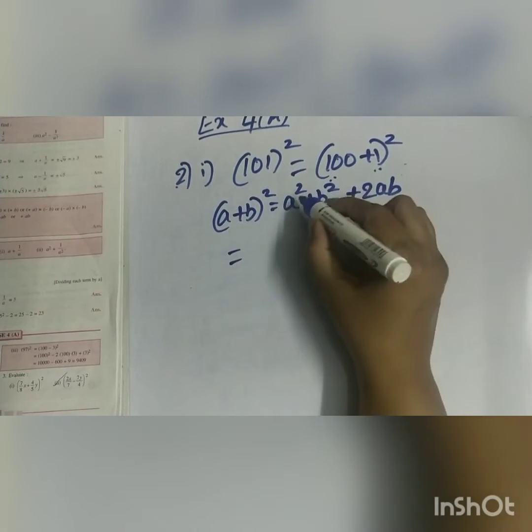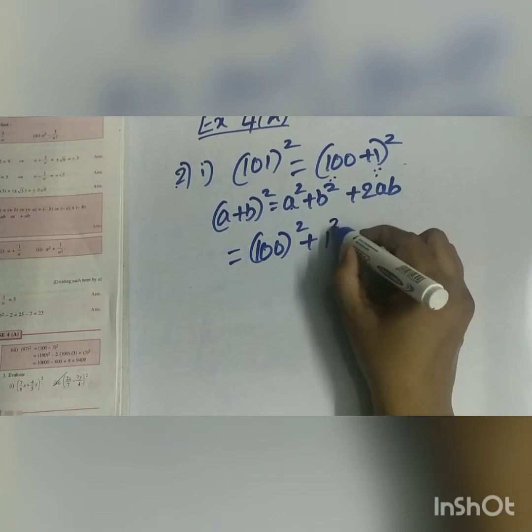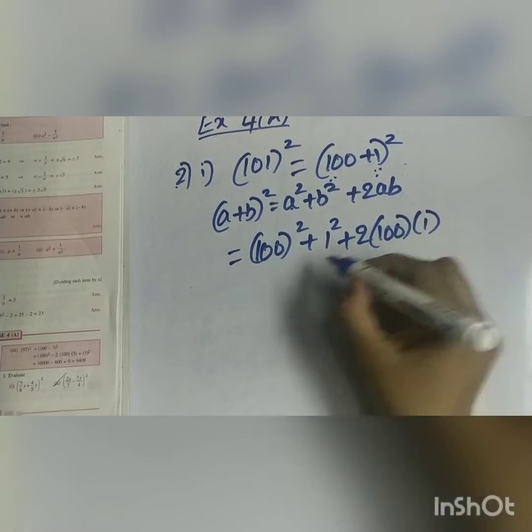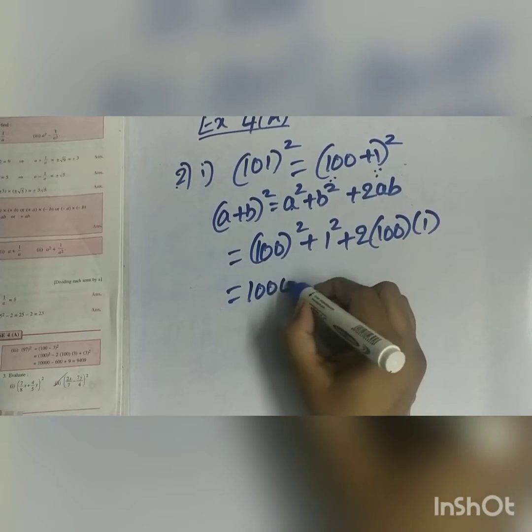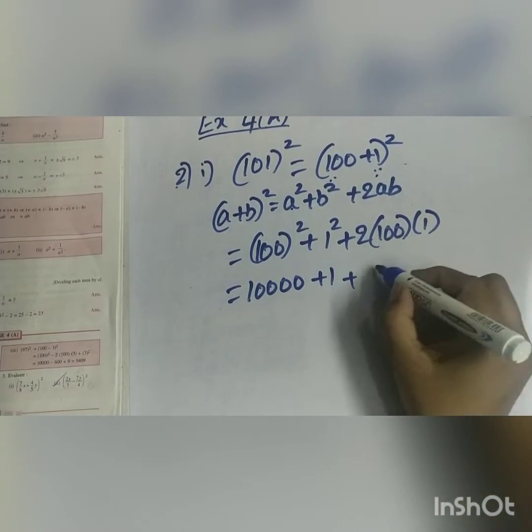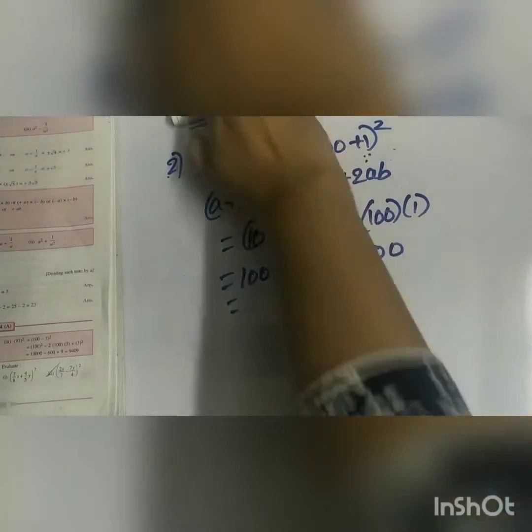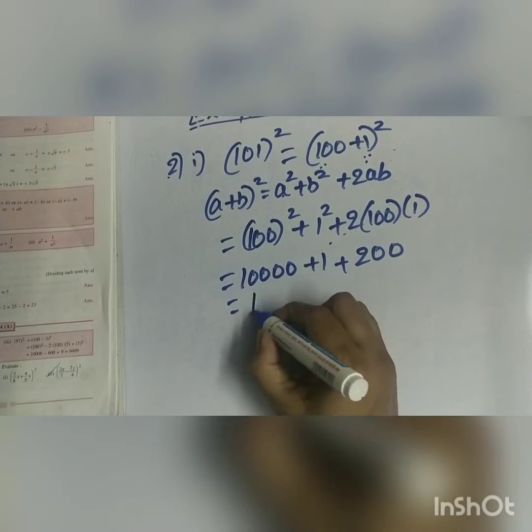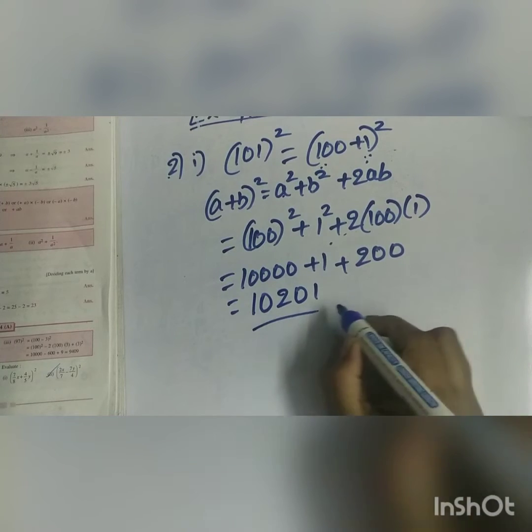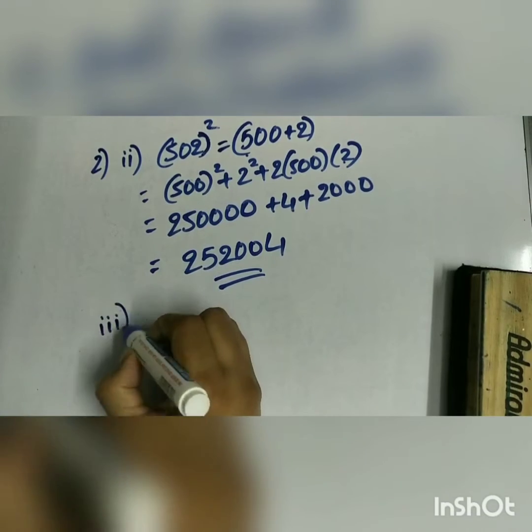So a square is nothing but 100 square, b square is nothing but 1 square, 2ab can be written as 2 into 100 into 1. So 100 square is nothing but 10,000, plus 1 square is 1, and we have 200 here. So when we sum up, the answer I get is 10,201. Final answer.